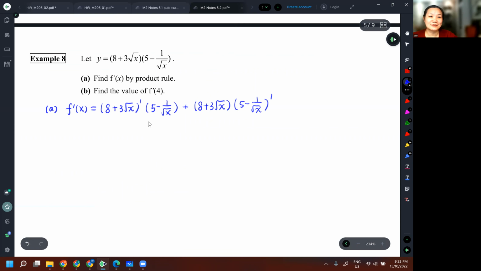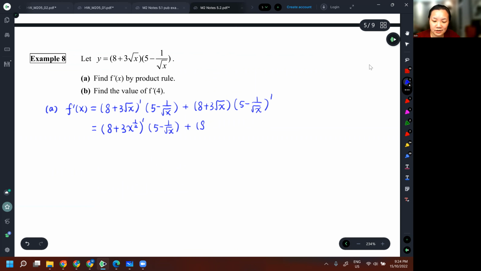At least I write this step correctly, okay? And then I know it's difficult, but I will do 8 plus 3x to the power 1 over 2. I have to do that. Otherwise, I cannot even think about differentiating.